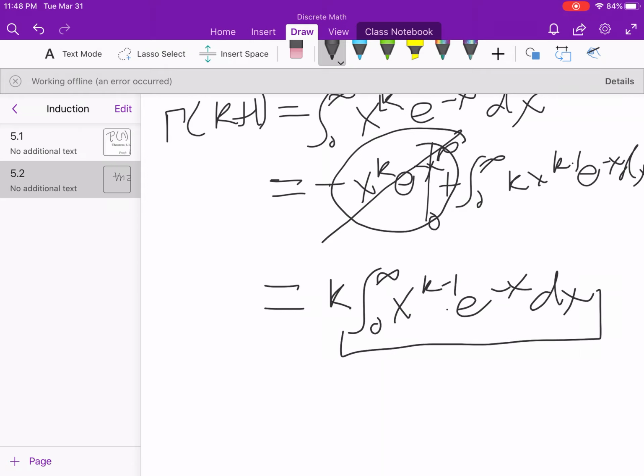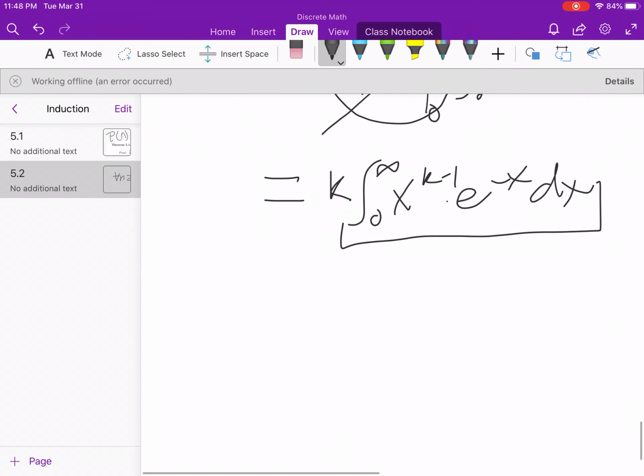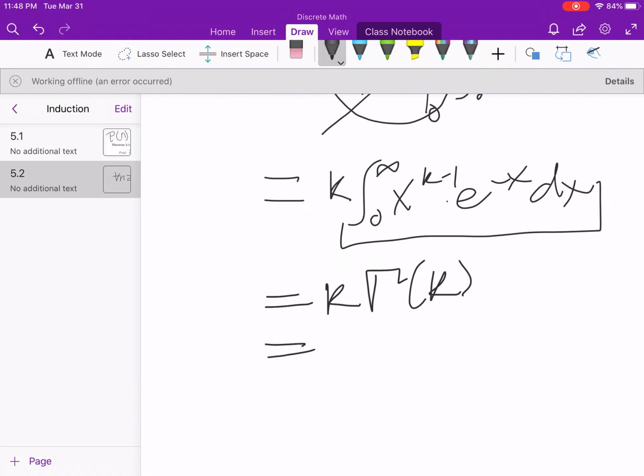Well, this is really just gamma of k. So this is k times gamma of k. I know that gamma of k is equal to k minus 1 factorial, so this is k times k minus 1 factorial. And if you know how the factorial works, this is actually equal to k factorial, because k times k minus 1 factorial is in fact k factorial.